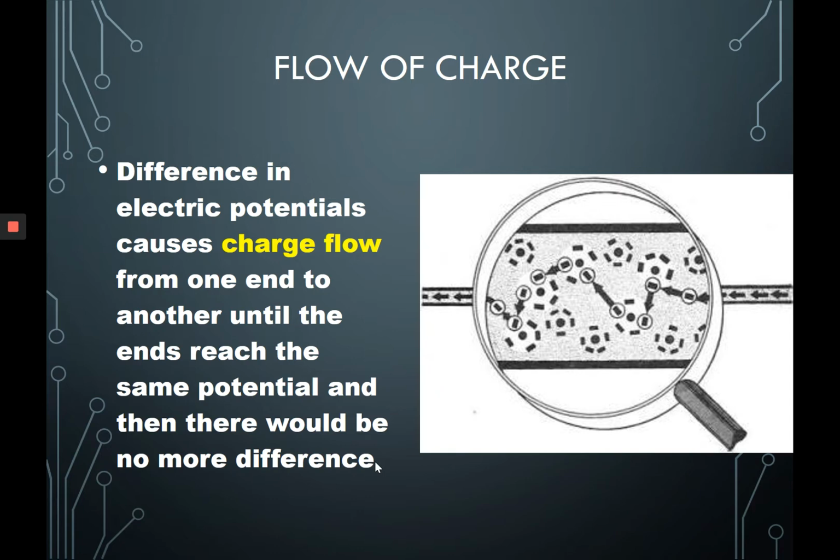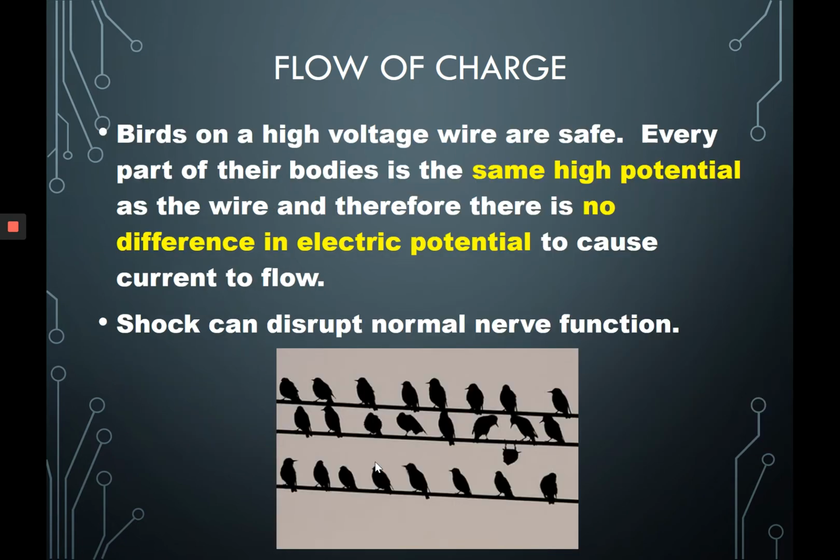Now, basically, we've provided energy to the charges, and this is going to cause the charges to flow. If there's not a difference in the amount of energy, those charges will not move from one location to another location. And so we have a flow of charge, but only if there's a difference. This is the reason why birds can sit on a high voltage power line: if there's no electric difference, they would not be electrocuted.